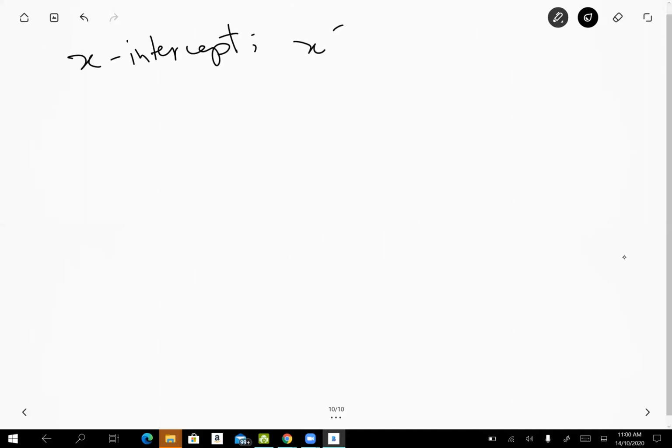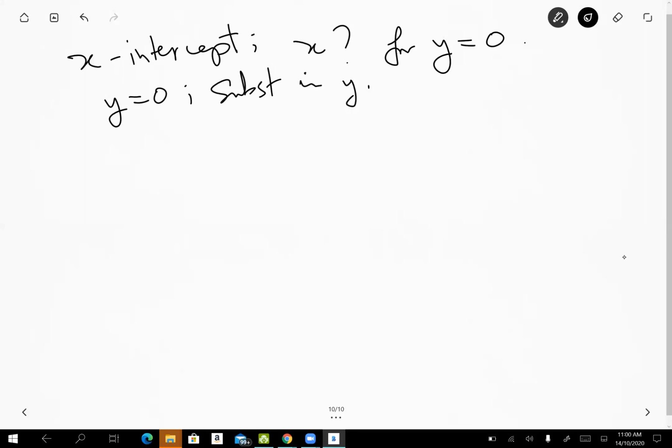It's the value of x, what is x, for y equal to 0. That means when y equals 0, we substitute into y equals mx plus b.